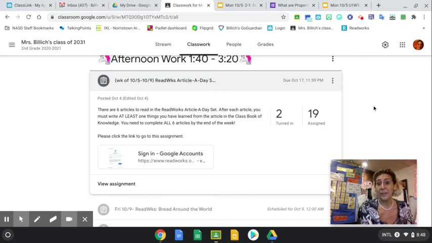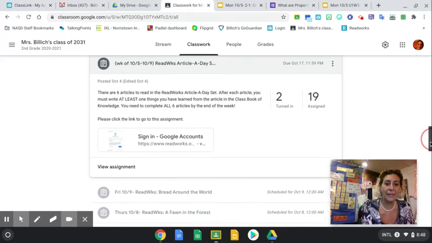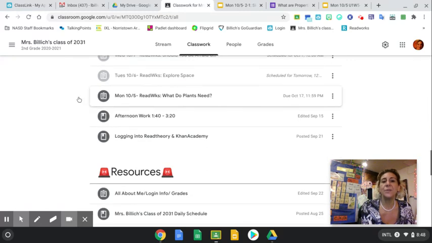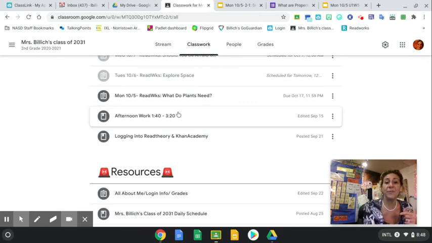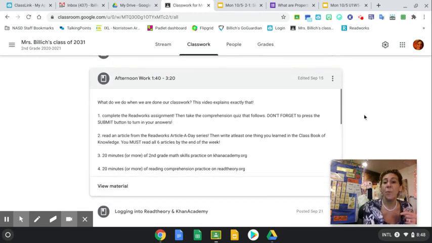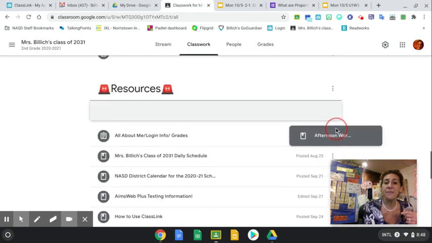It looks like 2 students have already read and written in the book of knowledge for each one, which is pretty amazing. I'll have to check that out later. And today's ReadWorks article was 5 questions, multiple choice of a small little article on what plants need. And the regular afternoon work afterwards was the same as always, about 20 minutes if they could do it.